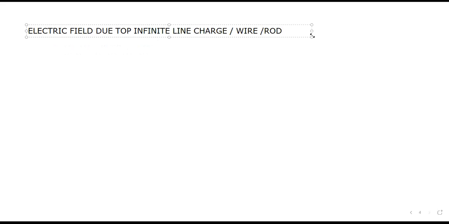Now we are going to draw the diagram first. Suppose that this is your line charge, which we have taken here. These are the positive charges placed along this line. First of all, to calculate the electric field, we require the Gaussian surface.